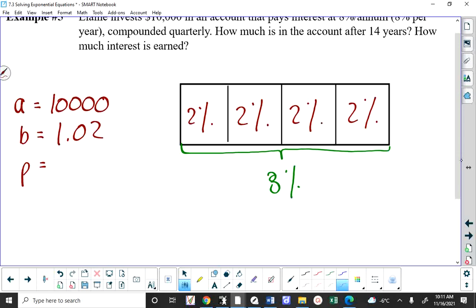It's just happening more often than Jerry's 8%. What is the period of time that she has to wait before she gets interest? A quarter of a year, 0.25 years. Perfect.